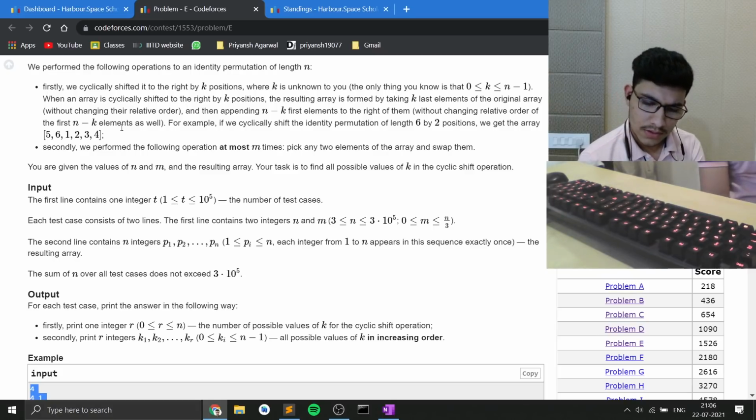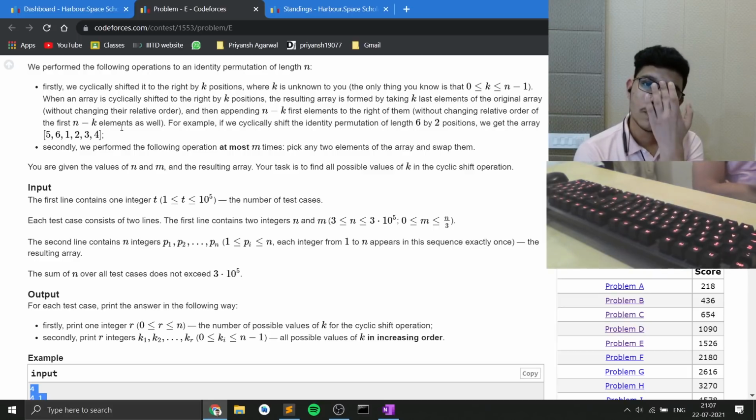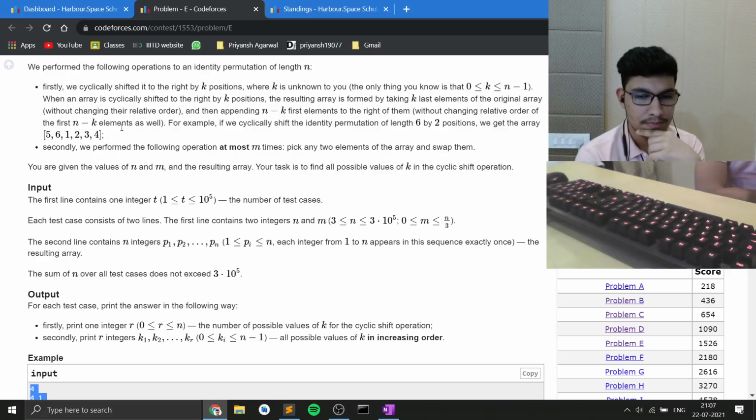Two cycles of length 2 or 1 cycle of length 3. So some elements would be at the right place here.